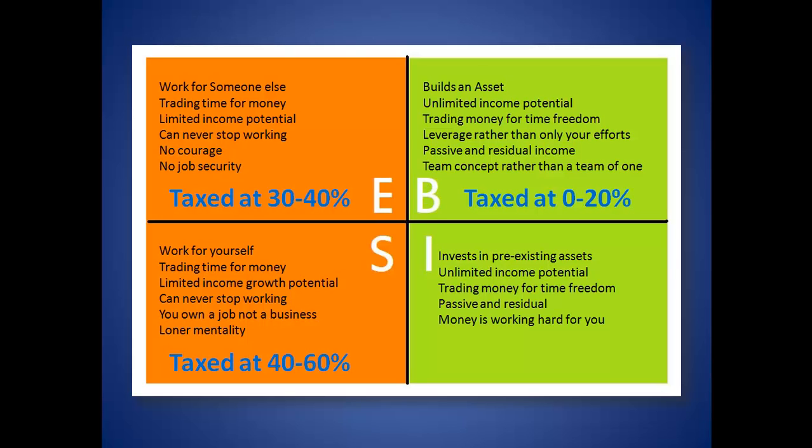And again, you're trading money for time freedom now. It is passive and residual. And now you've created a situation where the money is working very hard for you. And again, the tax codes are very, very flexible. You can expect to pay 0 to 20% if you are participating in the I quadrant and doing the right things. Okay.